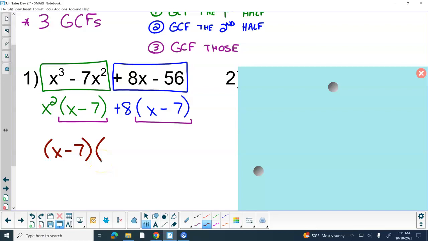X squared plus 8. And then I look at that x squared plus 8, and I say to myself, can I factor that more? Answer, in this case, no. So then we're done.